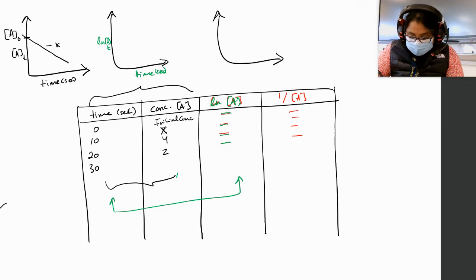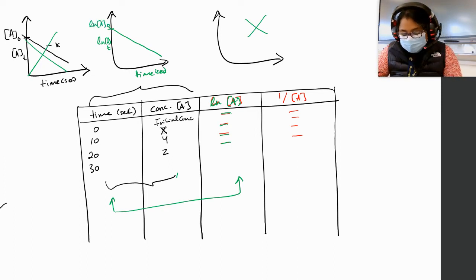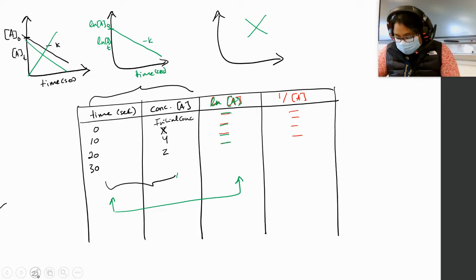If you get a straight line for that, and the other two won't be straight lines, that means you have your first order integrated rate law. The order of the reaction is first order. And again, your slope is your rate constant, just a positive value, but you have a negative slope for the actual equation.